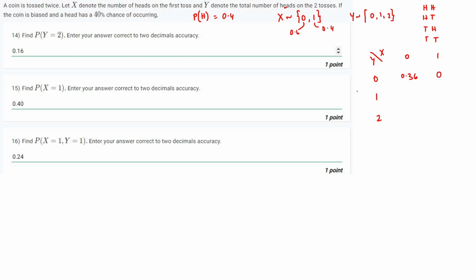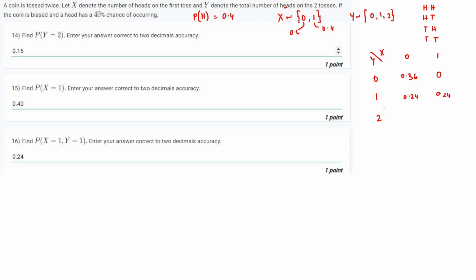The next one is y is 1 and x is 0. It means that in the first toss I'll get tail and in the second toss I'll get head, so 0.4 into 0.6, that is 0.24. Next, the first toss is head and the second toss is tail, because the total number of heads is 1. Again 0.4 into 0.6, the same 0.24.